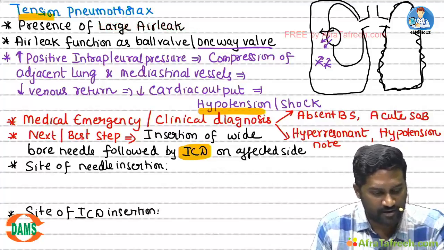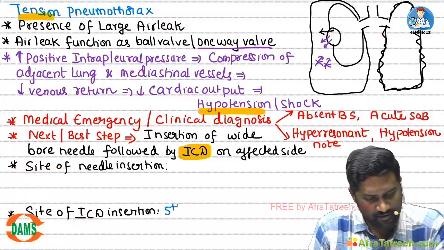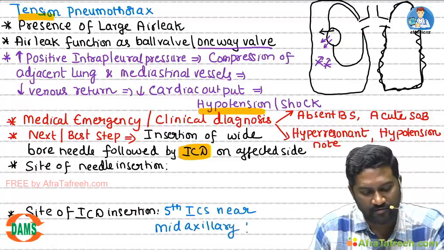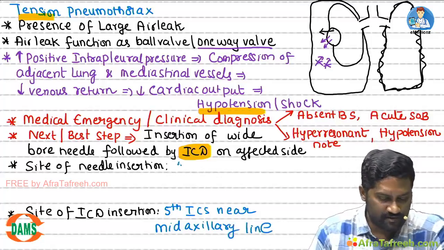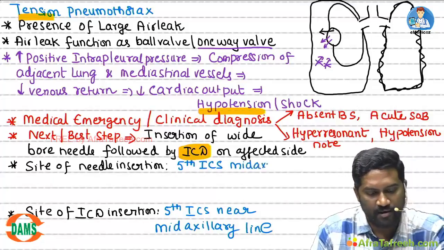For ICD, it is always a single answer: 5th intercostal space near the mid-axillary line. For needle insertion, according to the new guidelines, it is also the 5th intercostal space, mid-axillary line.